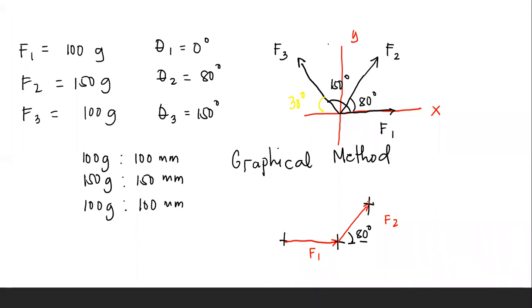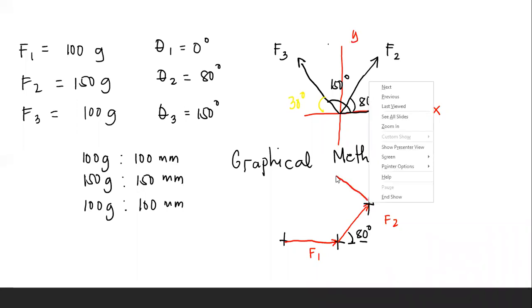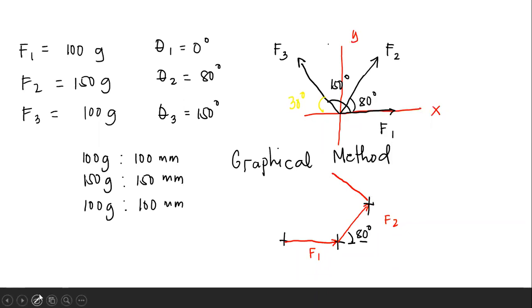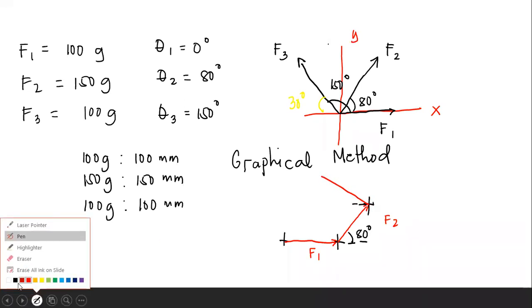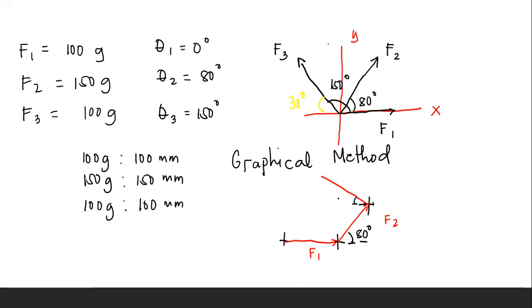This one would be 30 degrees. From the origin, measure 100 millimeters. For example, this would be your 100 millimeters.